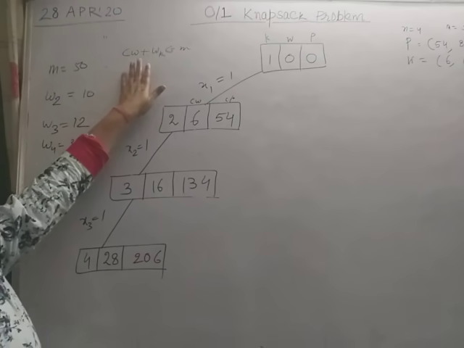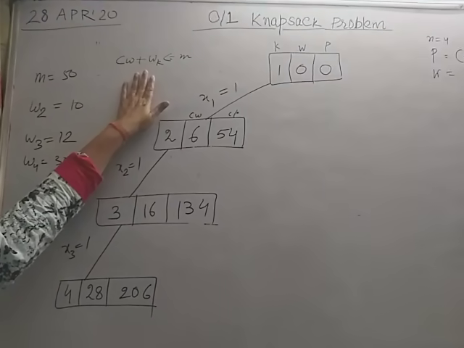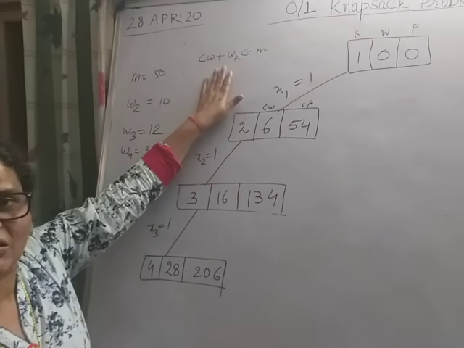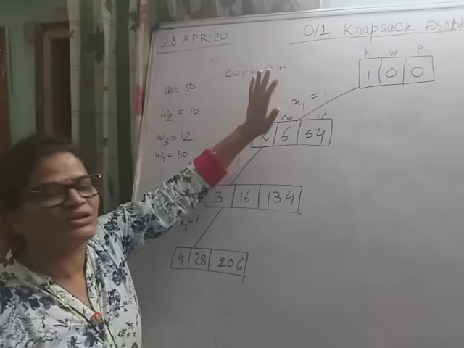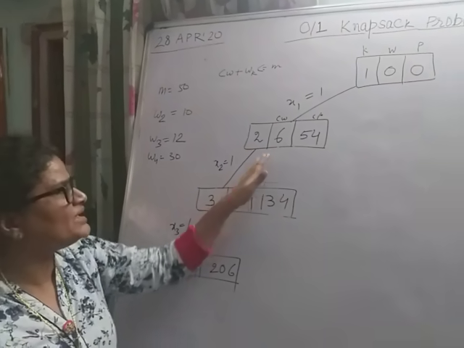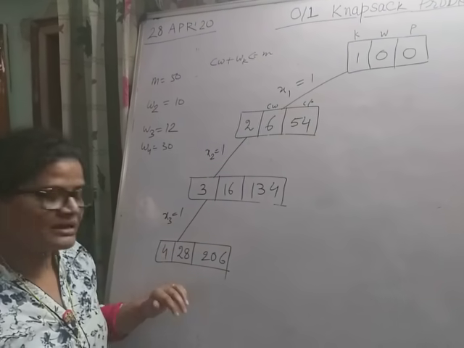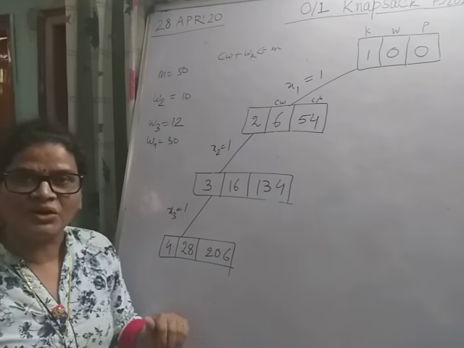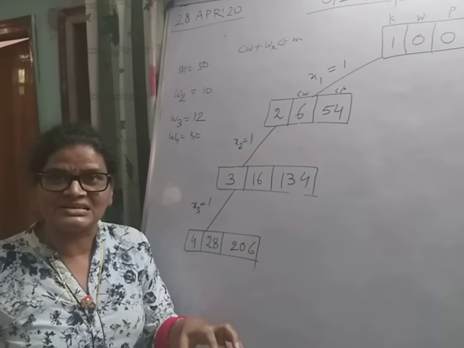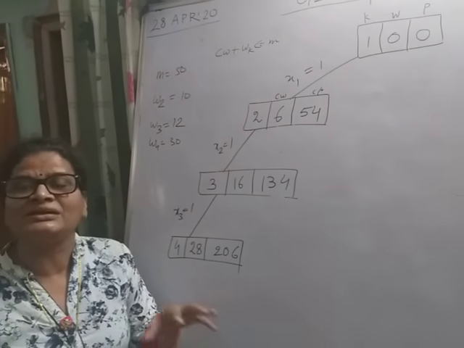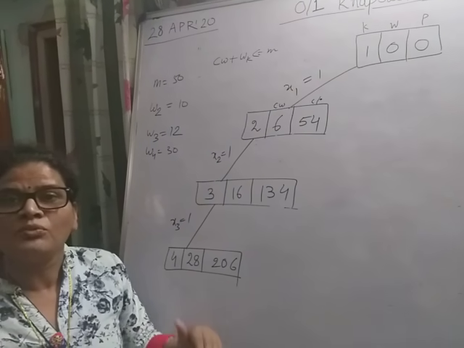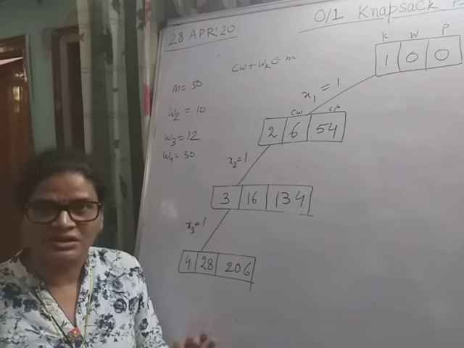If the current weight and the weight of the kth object is less than or equal to M, then we can safely move to the left branch. Now for the right branch, because some function is required to kill the node, to decide whether to move to the right branch or not.